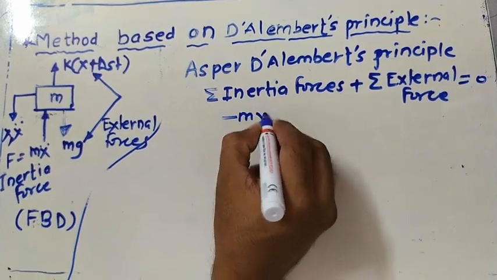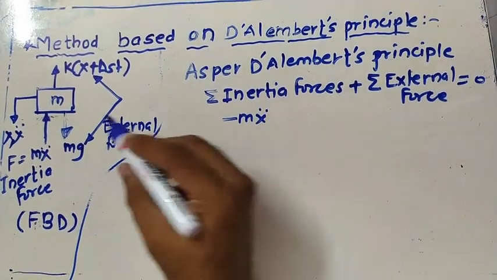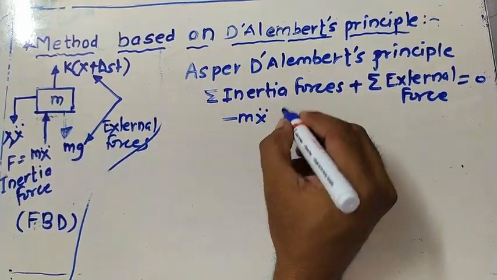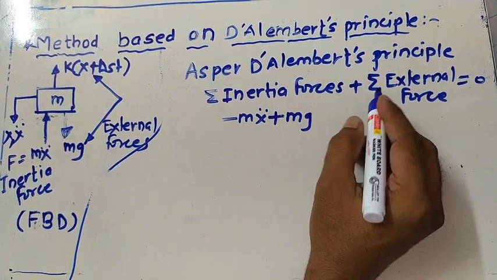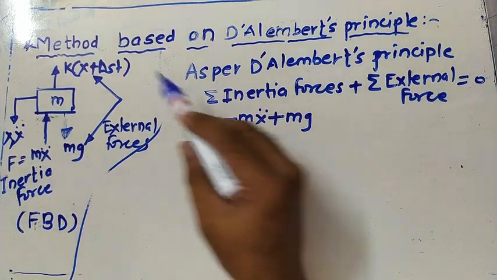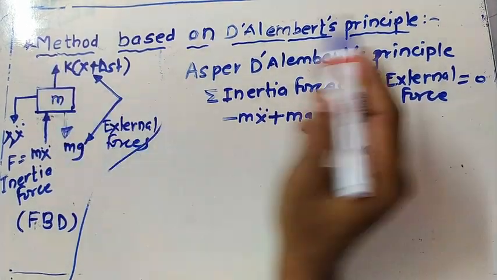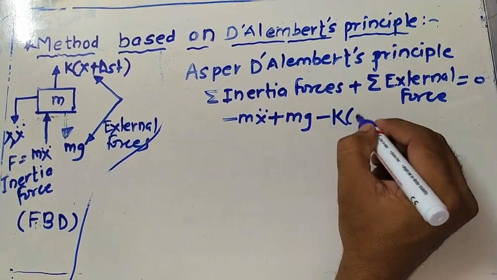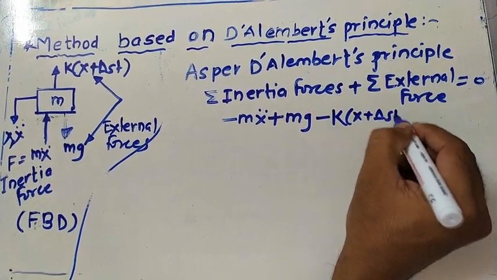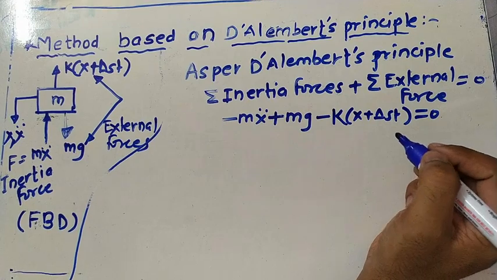The minus sign must be given for this one. For the downward force, you have to give a plus sign. The external force, this one, is in the upward direction. This is the spring force, and you have to give the minus sign for this spring force also.